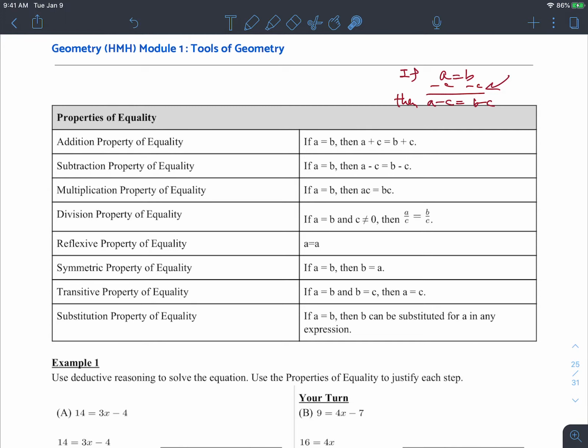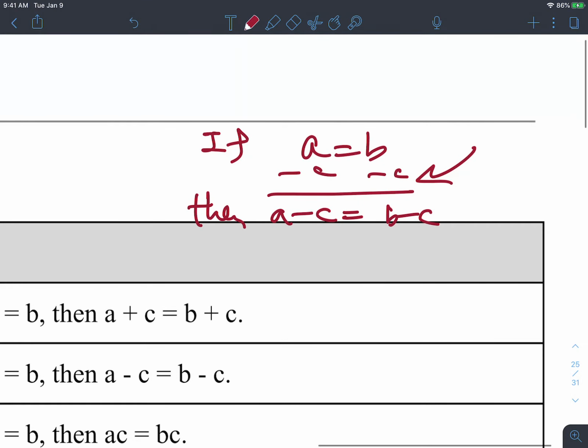Okay? The reflexive property basically says that anything is equal to itself. A is equal to itself. It seems kind of obvious, but we have to say that. In fact, we've been using it. So what happened was, if A is equal to B and negative C is equal to negative C, that was actually the reflexive property.